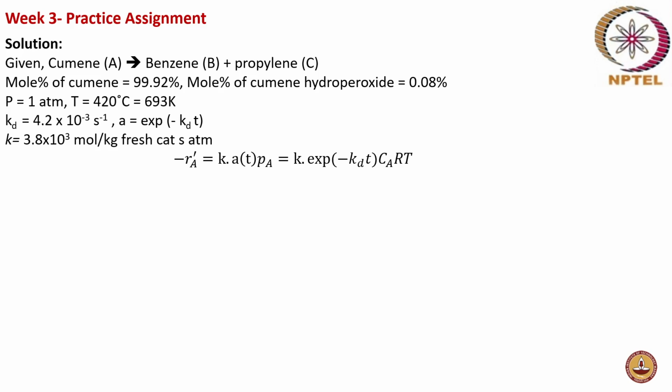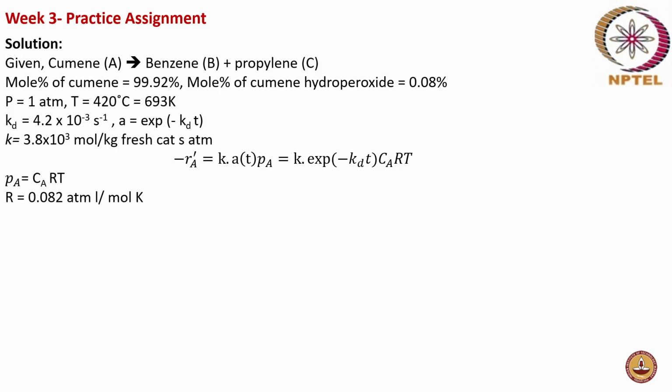Fine, you're able to get it. Yes. So we have to be very conscious in writing the rate expressions. There will be certain hints in the question itself from which we can derive the corresponding rate expression. That is what I have explained, where I've used the ideal gas law.